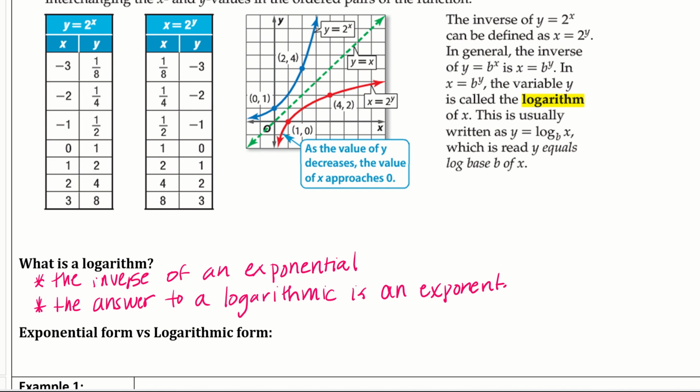When I looked up an easy way to explain this online, it's basically up here. I'm going to write this so you can see it. To what power, so that's an exponent, to what power must we raise a base number to get a certain number?